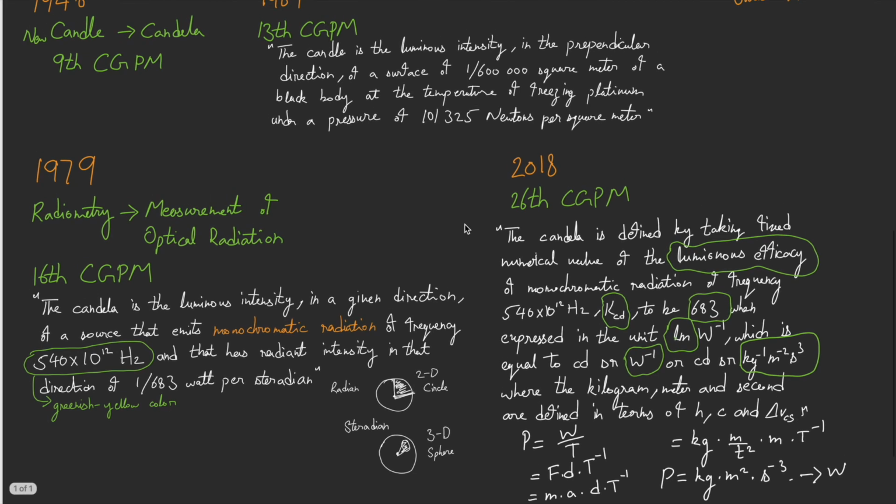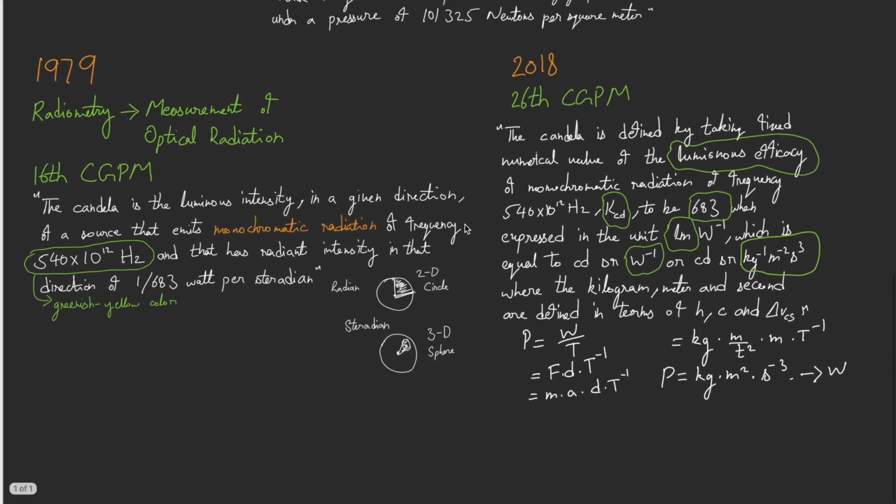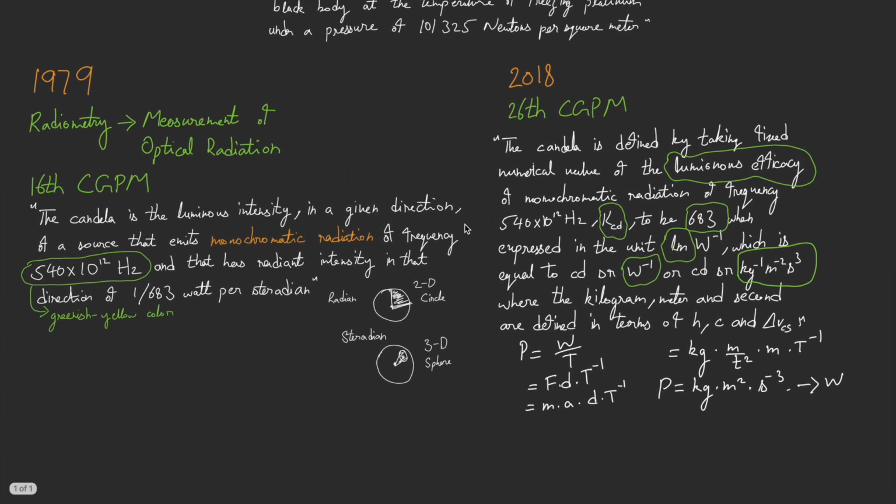And the candela definition was redefined in 2018. Between 1979 and 2018, the main difference was only the natural universal constant, which was put in the 1979 definition, and nothing else.